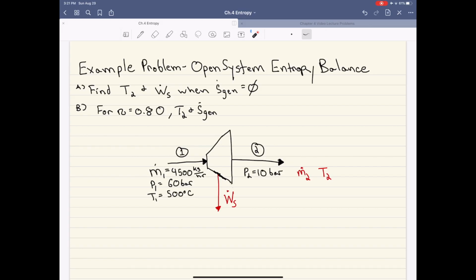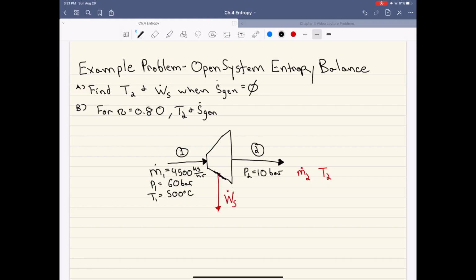For part B, we're going to look at the case where the efficiency of the turbine is only equal to 80%. In that case, we want to once again figure out what the temperature is and also how much entropy is generated by this process.